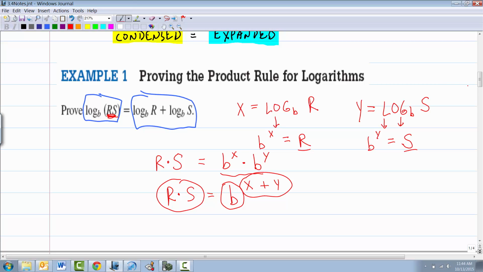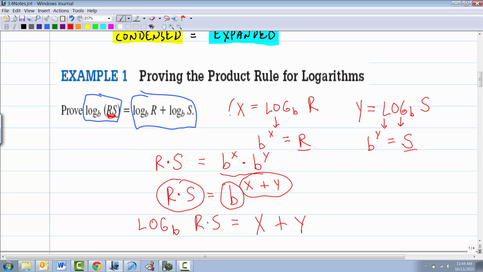We only have two more steps after this. Log base what? Log base b of rs equals x plus y.